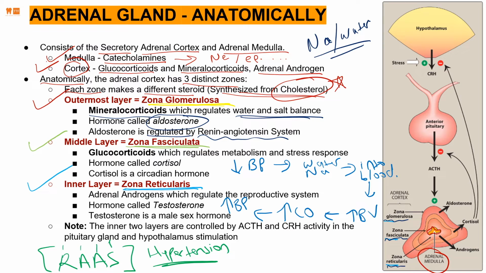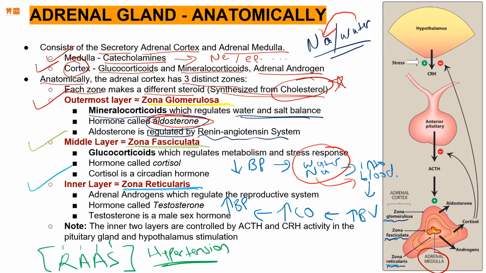That's the function. Now this section right here, water and sodium. The rule of thumb is that water follows sodium. So what the kidney does is tell aldosterone, hey aldosterone, please go and get some sodium and put it into the bloodstream.